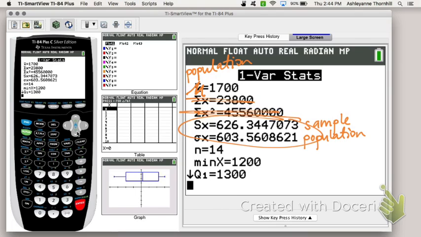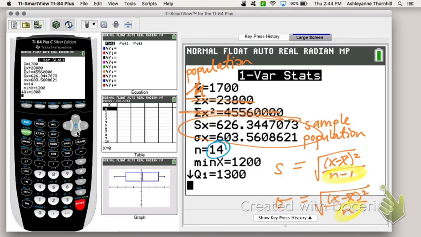You don't have to know the formula, but the formula for sample standard deviation is the square root of the sum of squared deviations over n minus 1, and the population is the same thing over n. My two formulas are different because of the denominator. The sample is always going to be n minus 1.